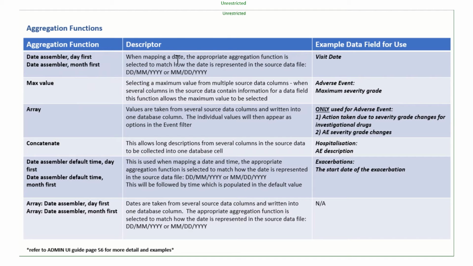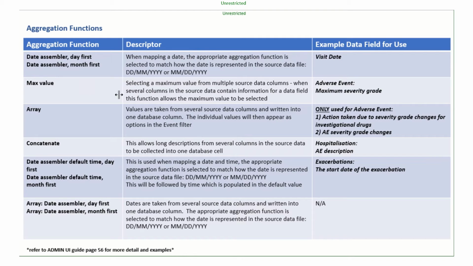When you're mapping a date, the appropriate aggregation function is selected to match how the date is represented in the source data file. So if the source data file date is represented by day, month and year, then date assembler day first has to be selected, or month, day, year, in which case date assembler month first is selected. An example of this is visit date.